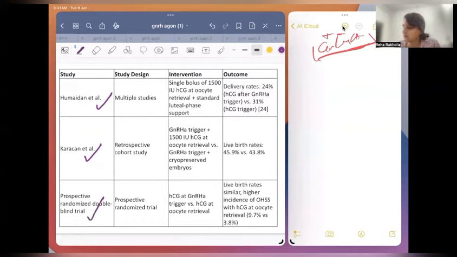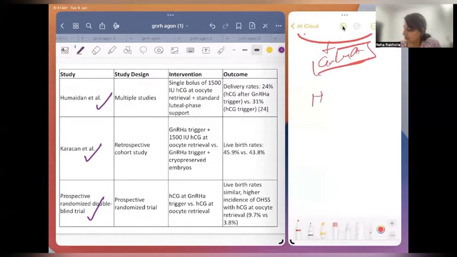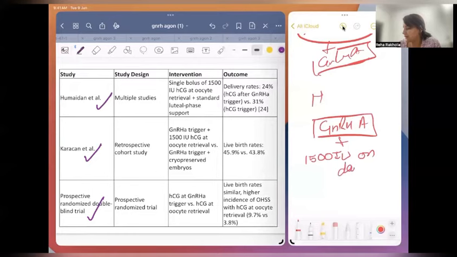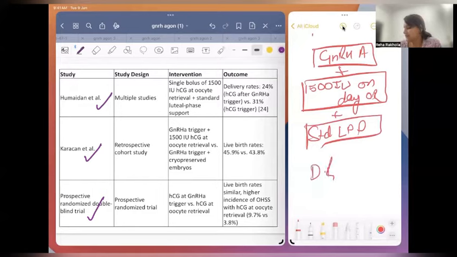Okay, what did Humaidan et al. say? They said that GnRH agonist plus 1,500 international units HCG on the day of oocyte retrieval, plus standard luteal phase protocol, gave a delivery rate similar to traditional HCG trigger.